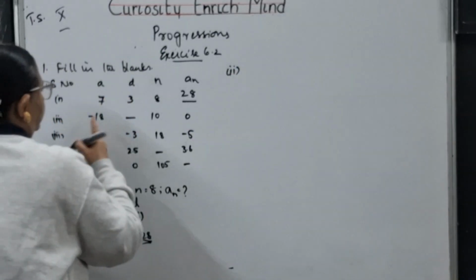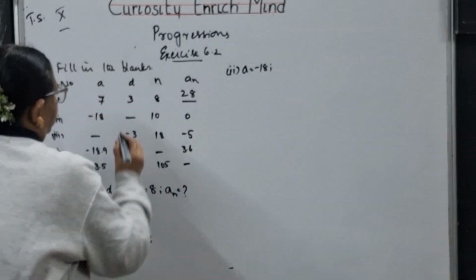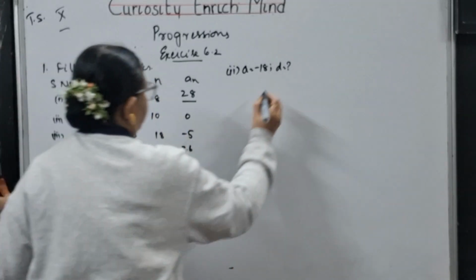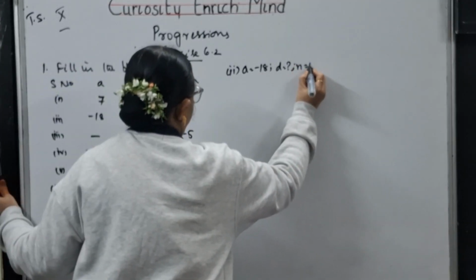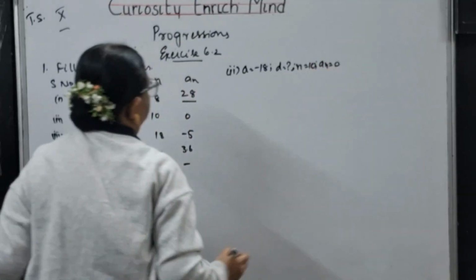In the second bit, they have given A as minus 18. D we don't know, we have to find out. N is 10 and AN is equal to 0.